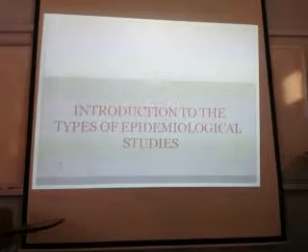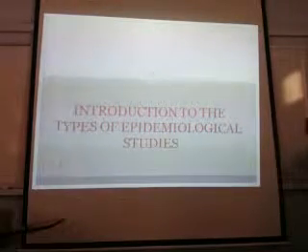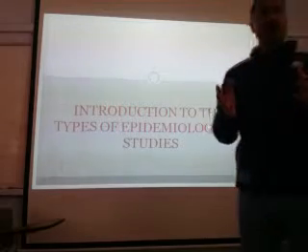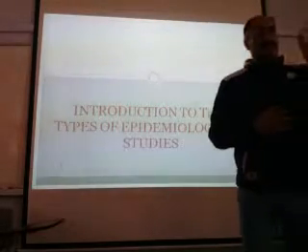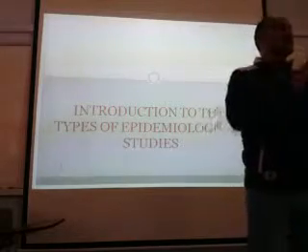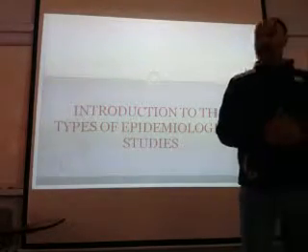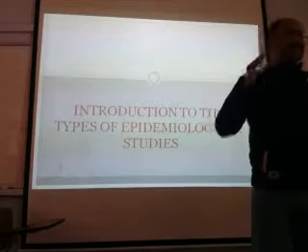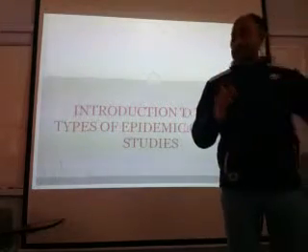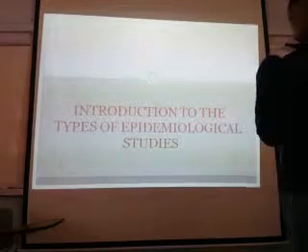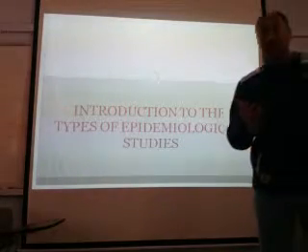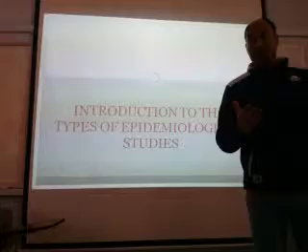So the point was that in the descriptive epidemiology, or descriptive type of study, we just observed how the disease occurred and we put it in three parts: the persons who are involved, where is the disease occurring, and what was the third point? Time.